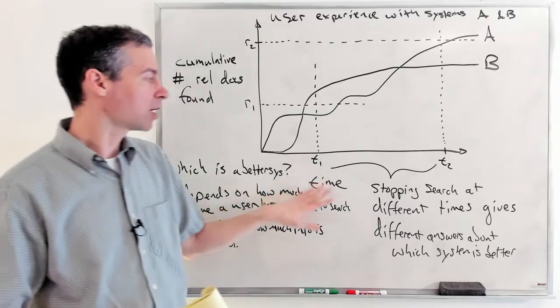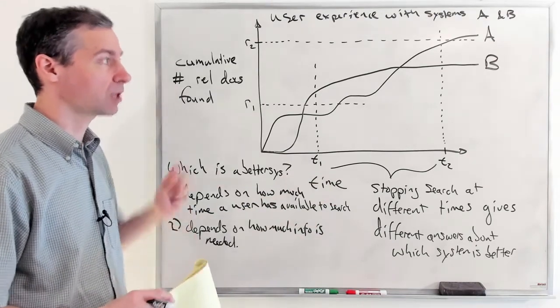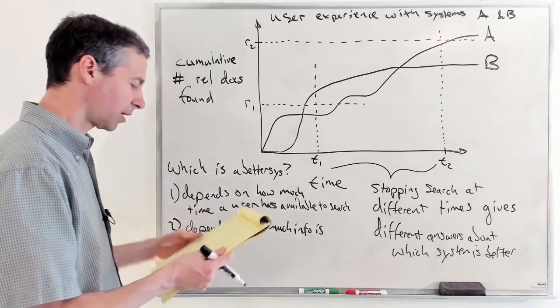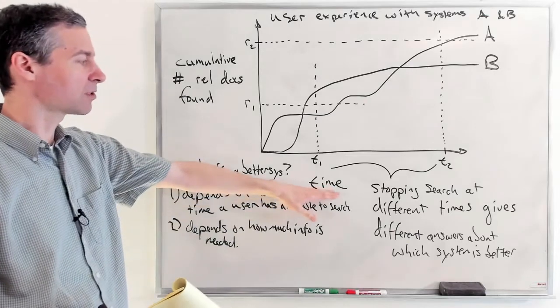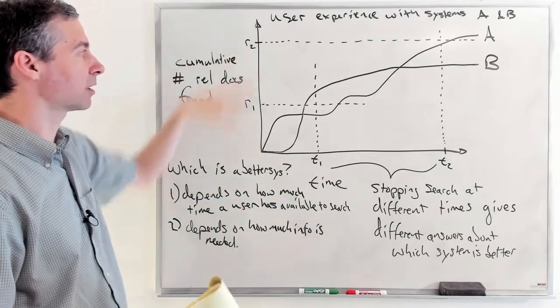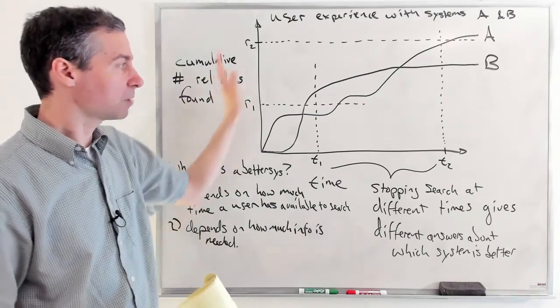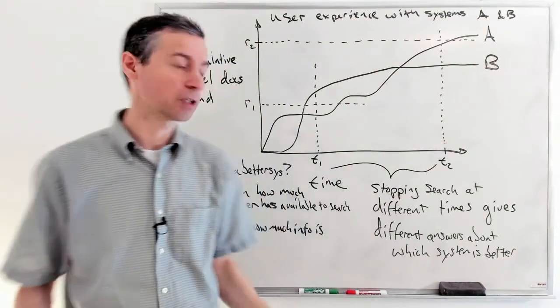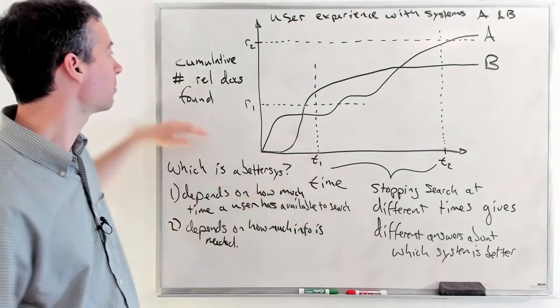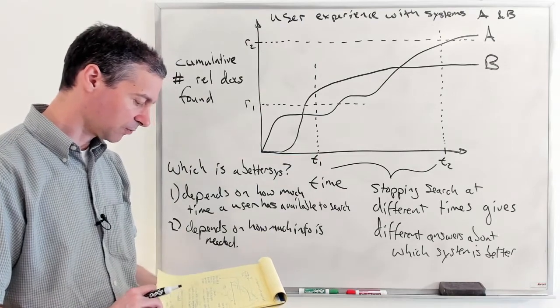So time, I think, is critical if you're doing interaction and you care about that user interface. I could also develop a model that incorporates the amount of information need. But to keep things simple for our explanation here, we're only going to focus on time versus the cumulative number of relevant documents found.